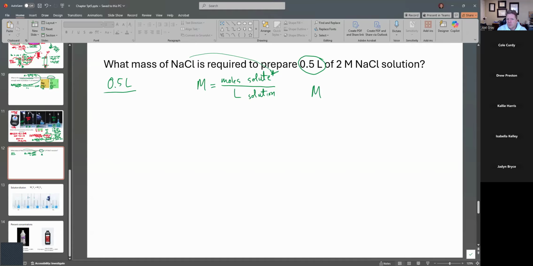So essentially, what we can do is we can take this right here, 2 molar NaCl, is equal to 2 moles NaCl in 1 liter. We can multiply this right here by this.